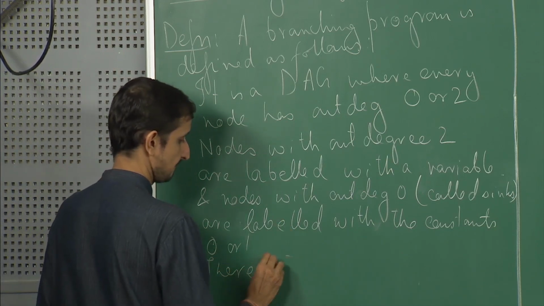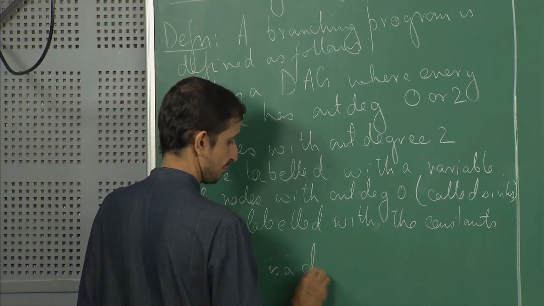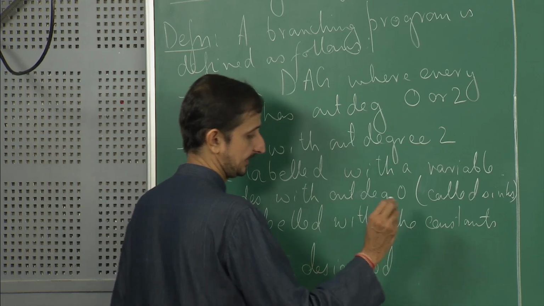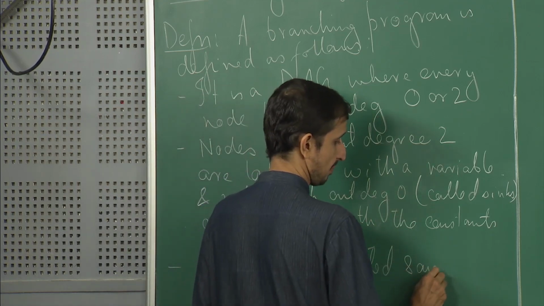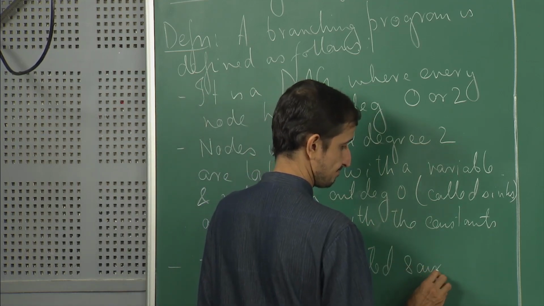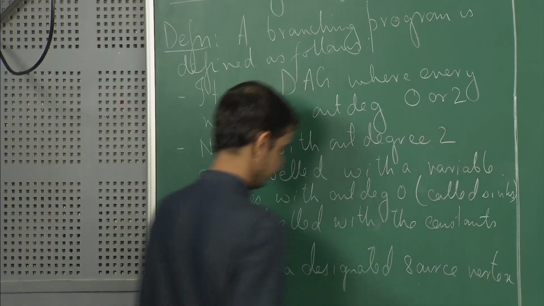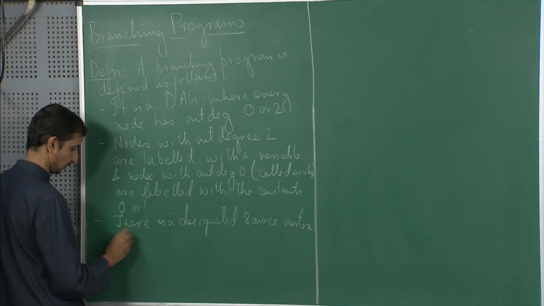Next, there is a designated source vertex. Okay, so we can call it S.